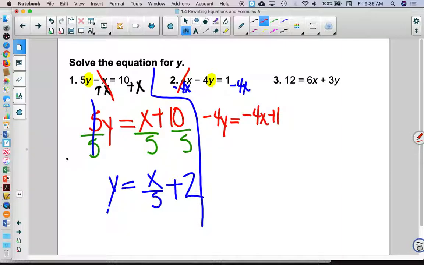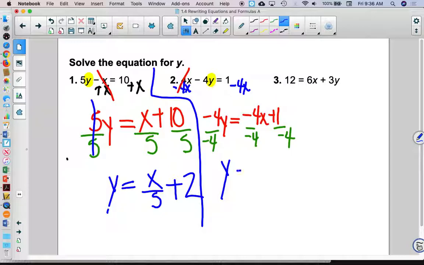Now, I have to undo the multiplication, so I need to divide by negative 4 all the way through. Do you agree with that? Leaving here, negative 4 divided by negative 4 leaves you with 1Y.